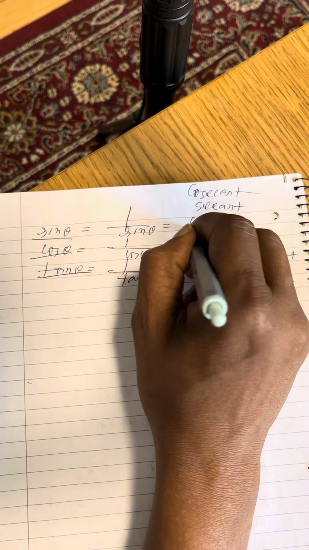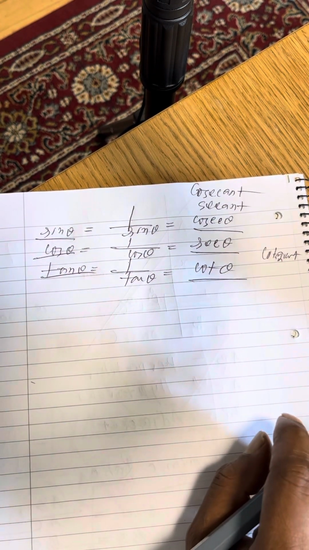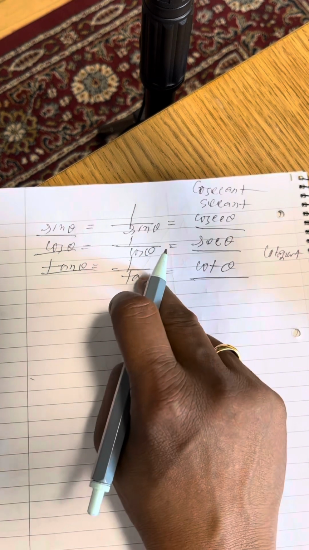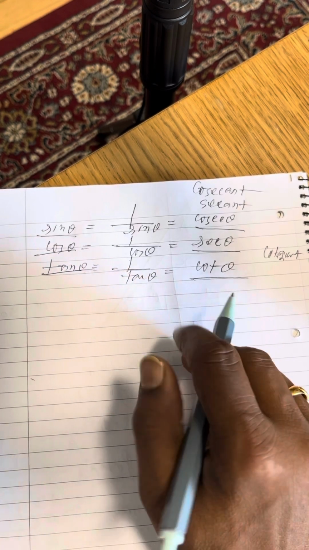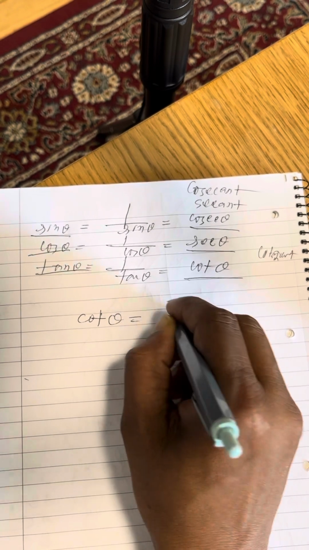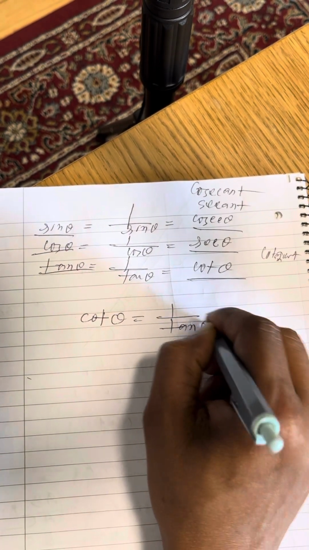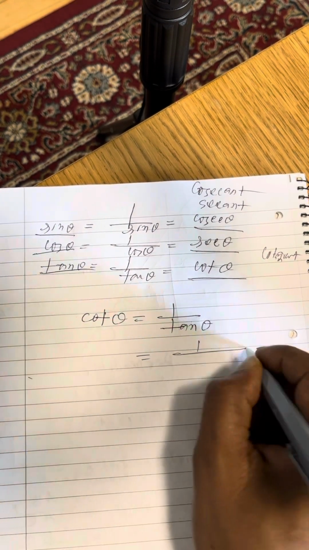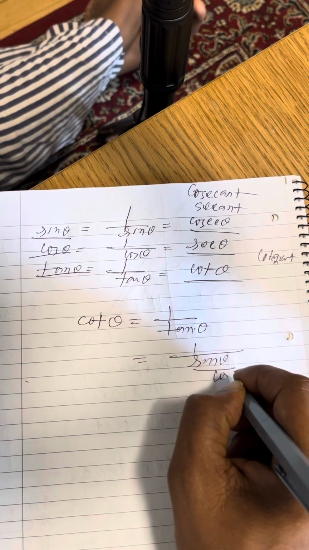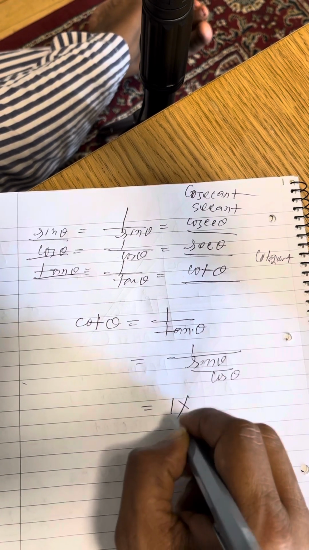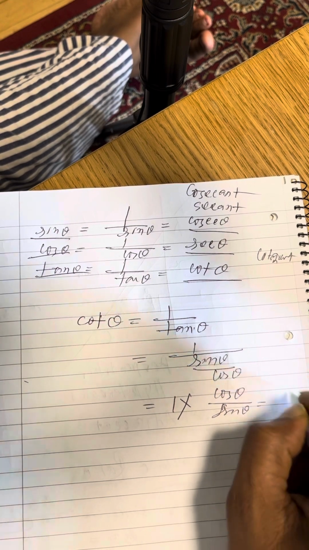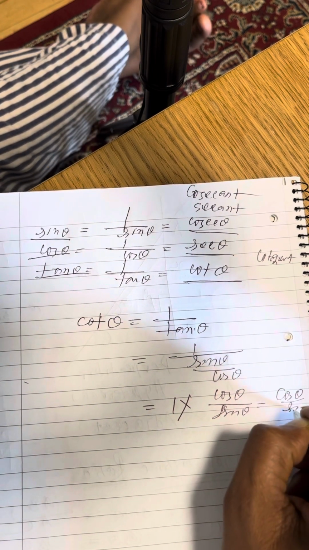What is cotangent in terms of sine and cos? Tan is sine theta over cos theta. So cot is 1 over that, cos theta over sine theta.